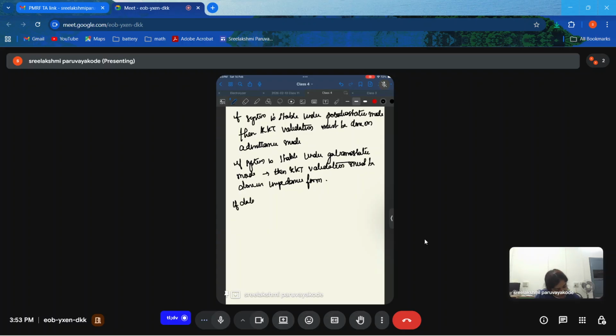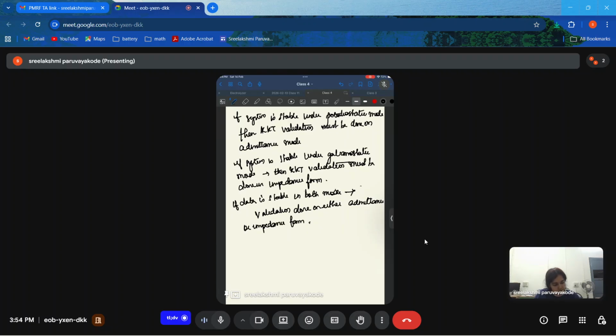If the data is stable in both admittance and potentiostatic mode, then the validation can be done on either admittance or impedance.